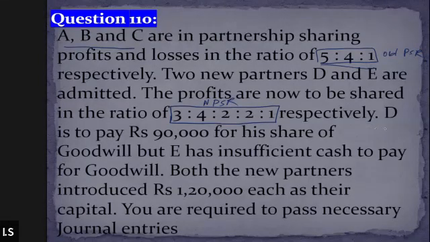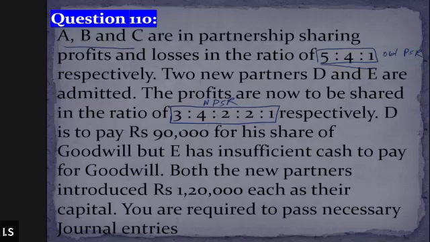Right. Then the question is saying that D is to pay 90,000 for his share of goodwill, but E has insufficient cash to pay. All right. So D is paying 90,000 for his share of goodwill, but E is not paying anything for the goodwill.